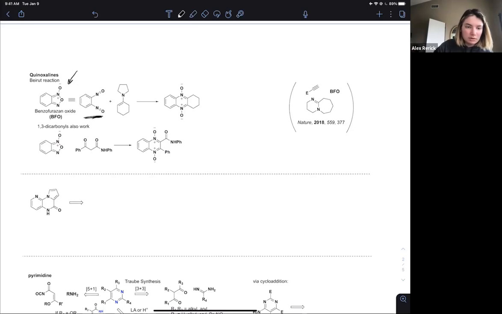So you'll push down the nitrogen in your substrate, and then the olefin will push into one of the nitrogens of BFO. Now what?